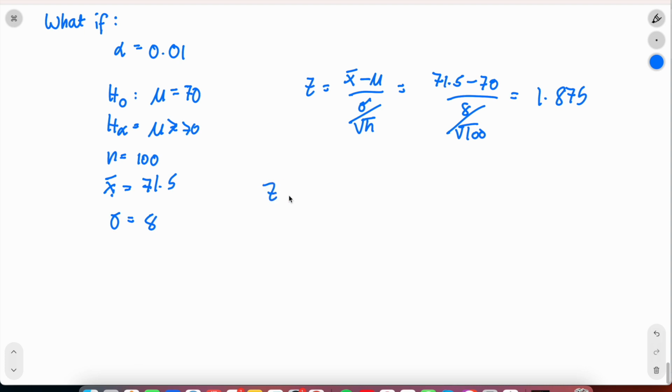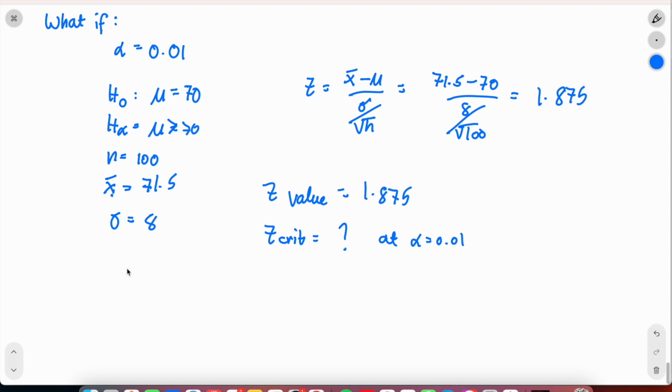So z value is 1.875. But you don't know earlier, right? This is 0.05. Alpha is 0.05. We don't know what the z crit is if alpha is 0.01. So what is the z crit at alpha 0.01?